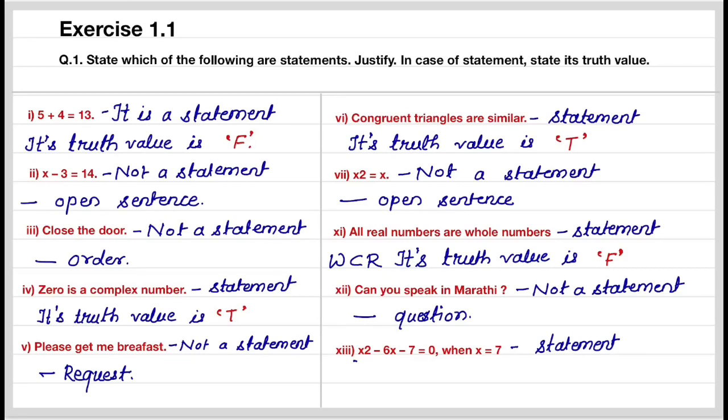We will substitute, that is x square means 49 minus 42 minus 7 is equal to 0. That is 49 minus 49, which is equal to 0. That means we get LHS is equal to RHS, and hence it is a true statement.